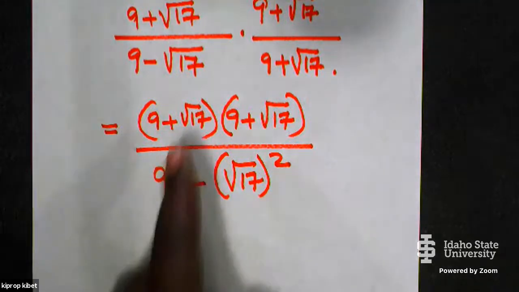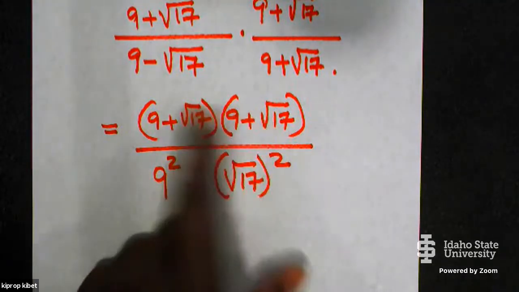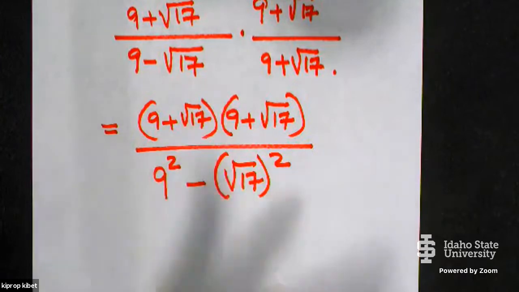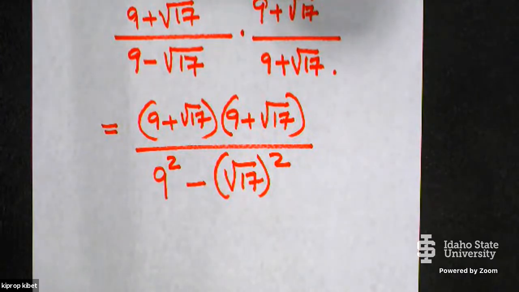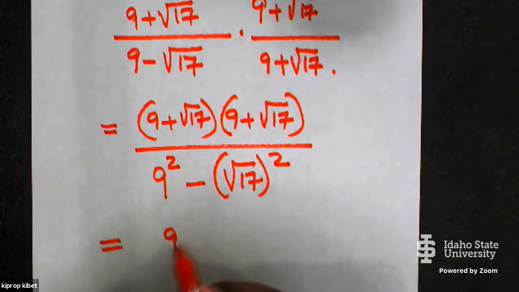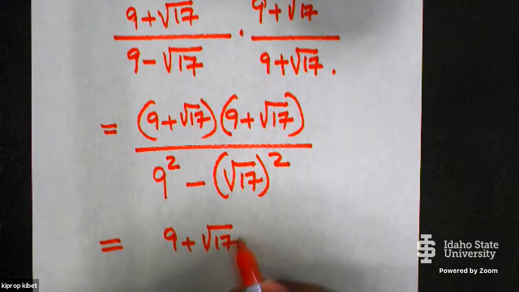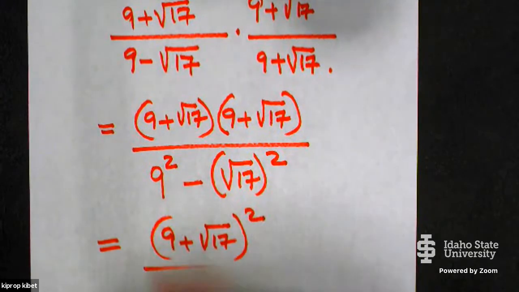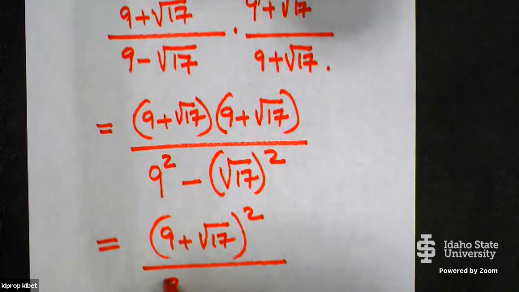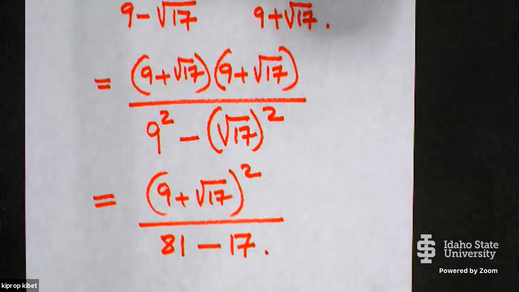So as you can see, this one is similar to the previous one. So finally, our answer will be 9 plus the root of 17 squared, all over 81 minus 17.